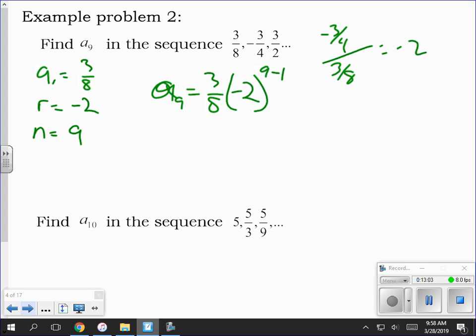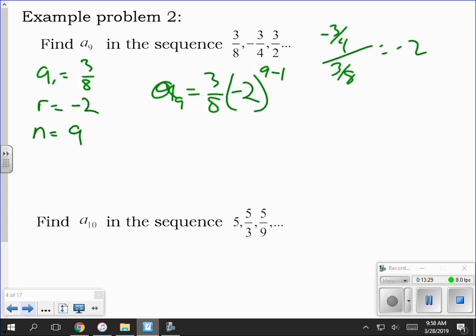It's very easy to go, oh, that's to the 8th power, and when I calculate it, I'm going to use the 8th power. But when I write my formula down, I don't. I put it to the 9 minus 1 so I can keep that formula straight in my head. It's n minus 1. That's what my exponent is.